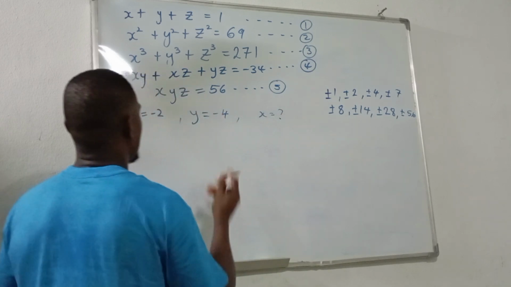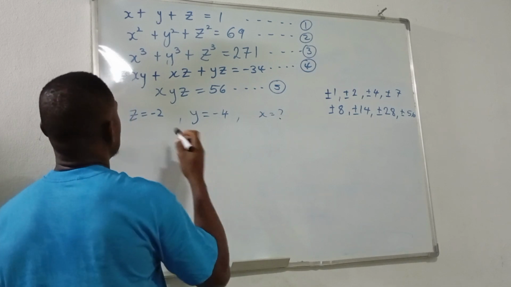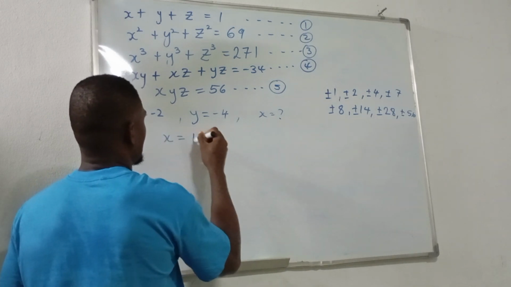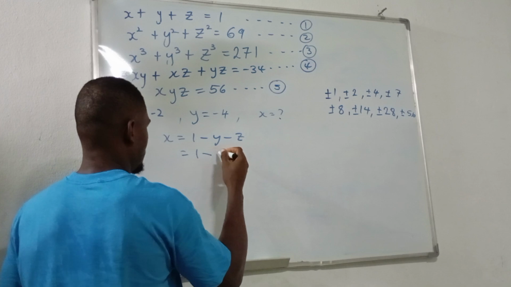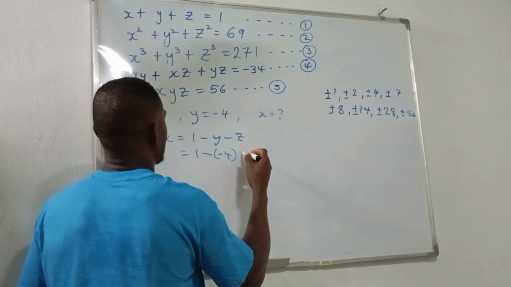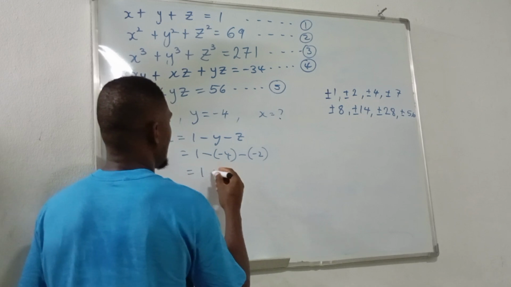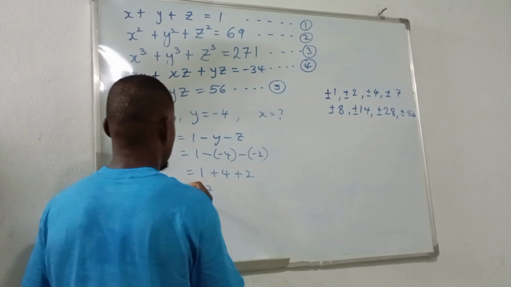Alright, so now we're going to substitute these two into equation 1. Remember, x is equal to 1 minus y minus z. So we can just use 1 minus minus 4 minus minus 2. So this becomes 1 plus 4 plus 2, and that's 7.